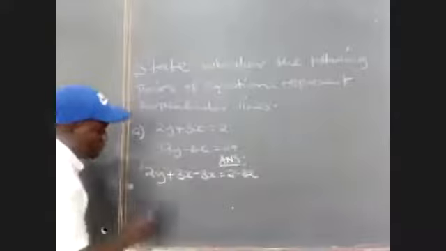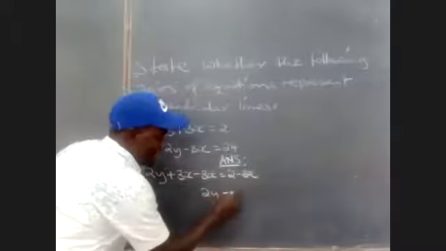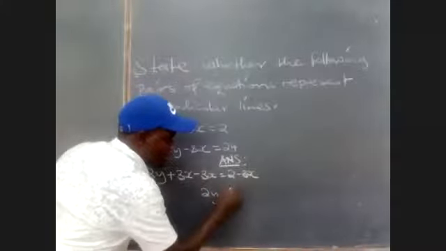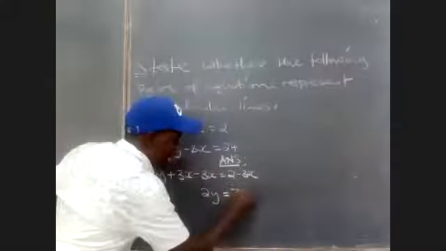Then we shall have 2y is equal to 2 minus 3x, and we divide both sides by 2. I prefer starting with the x term here, so I want to change this to negative 3x plus 2.